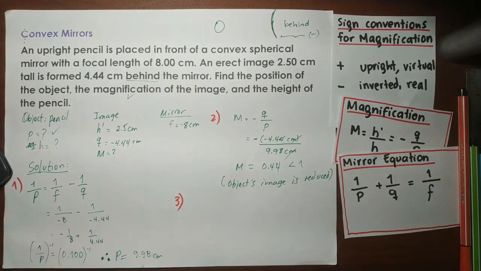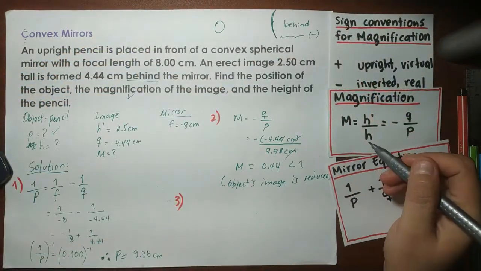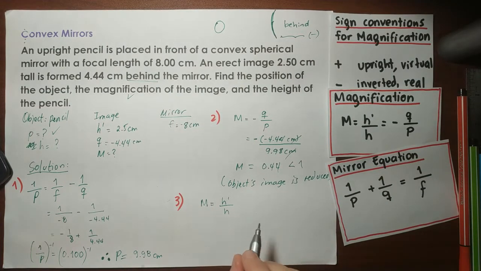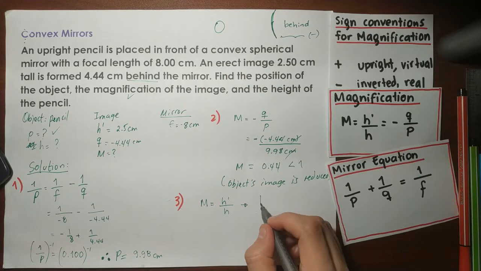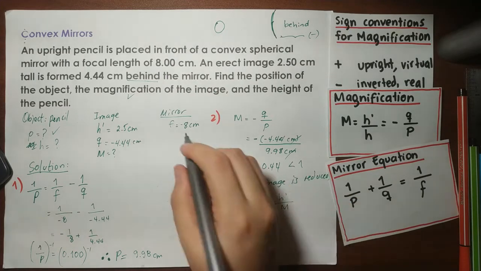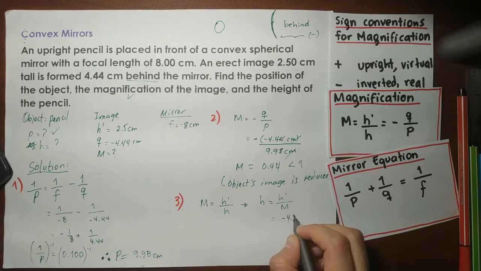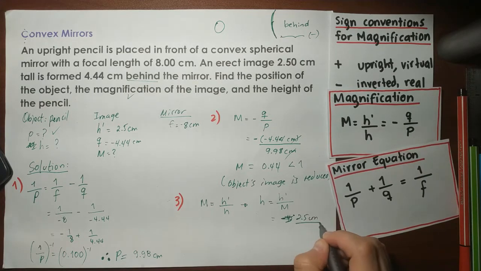Now for my third step, I want to know the height of the pencil, and the only thing that relates the height of the pencil is magnification. So you have magnification equals h prime, that is the image, divided by h, that is the height of the pencil, in this case the height of the object. Isolate for height and you will have h prime divided by magnification. H prime is 2.5 centimeters, divided by magnification, that is 0.44.